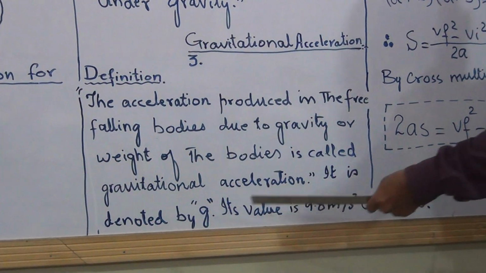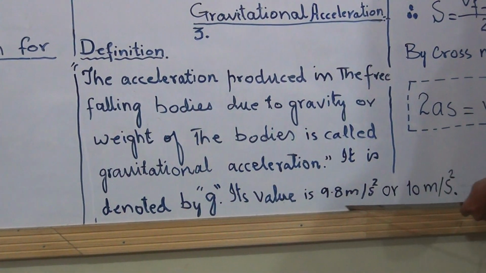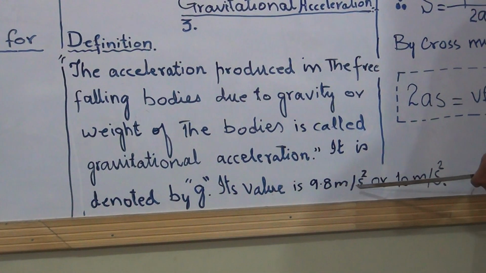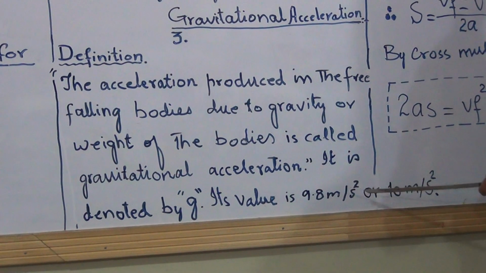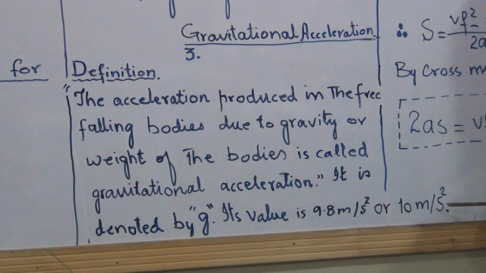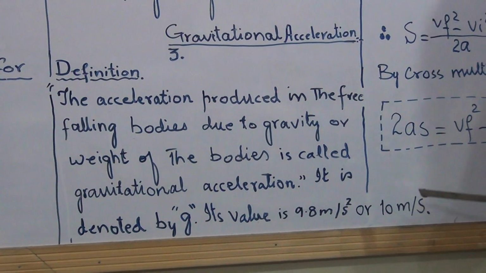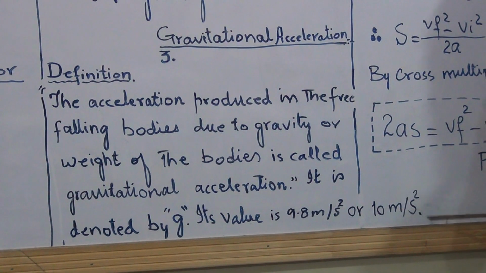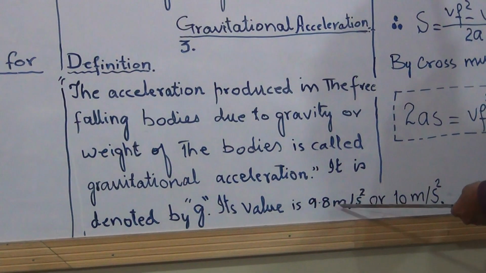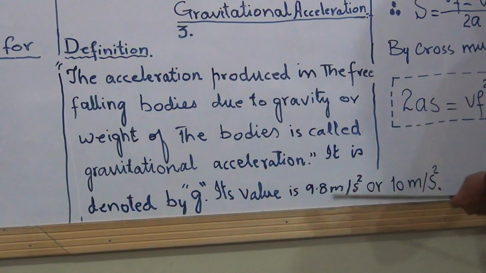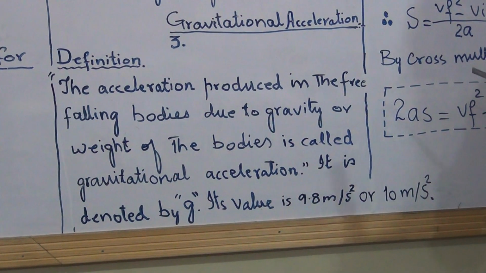It is denoted by small g and its value is 9.8 meter per second square, or 10 meter per second square, on the surface of the earth. You can write this unit as ms minus 2. This value is on the surface of the earth.